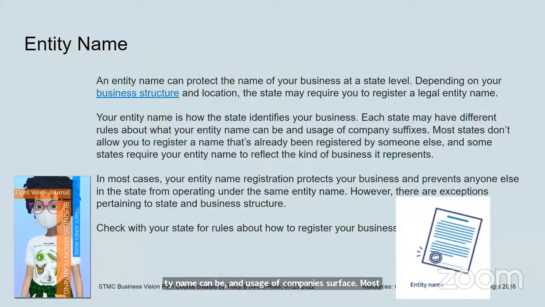Most states do not allow you to register a name that has already been registered by someone else, and some states require your entity name to reflect the kind of business it represents. In most cases, your entity name registration protects your business and prevents anyone else in the state from operating under the same entity name. However, there are exceptions pertaining to states and business structure. Check with your state for rules about registering your business.